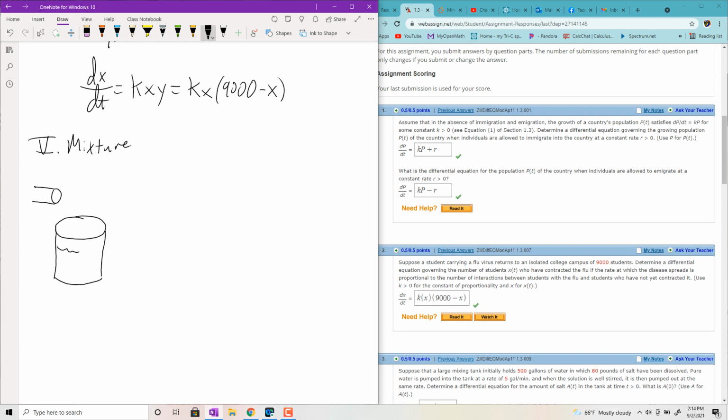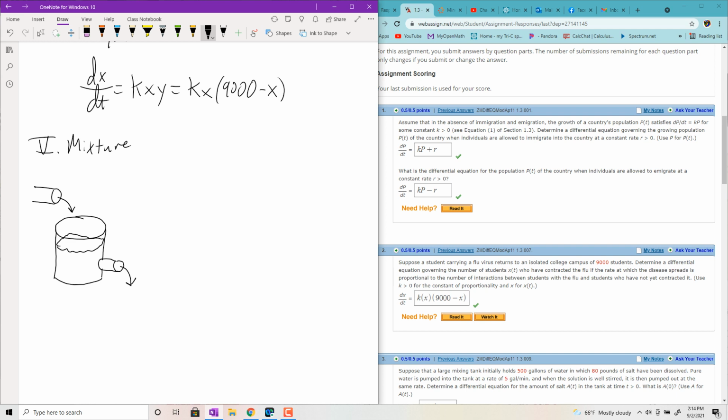And there could potentially already be stuff in the tank, and then on the tank there's a little tube coming out of that, where the stuff in the mix in the tank is being dumped out. Your goal is to kind of figure out the rate of change of salt in the tank.